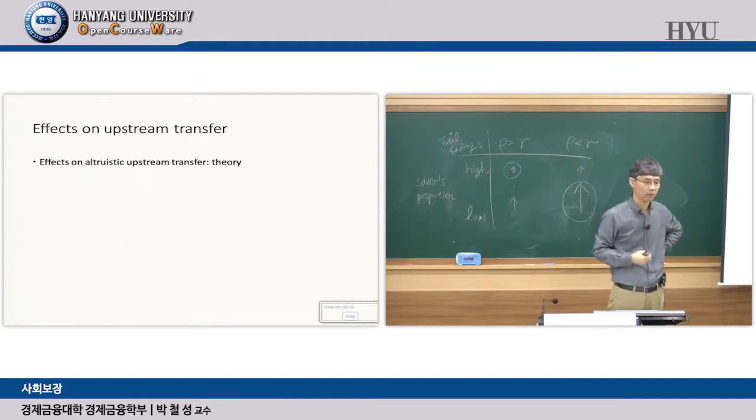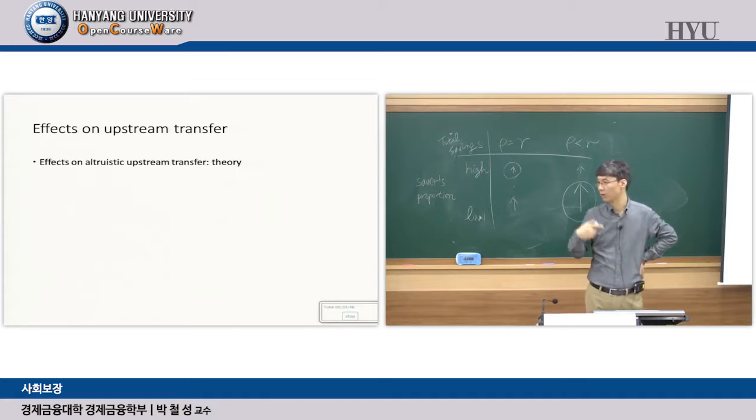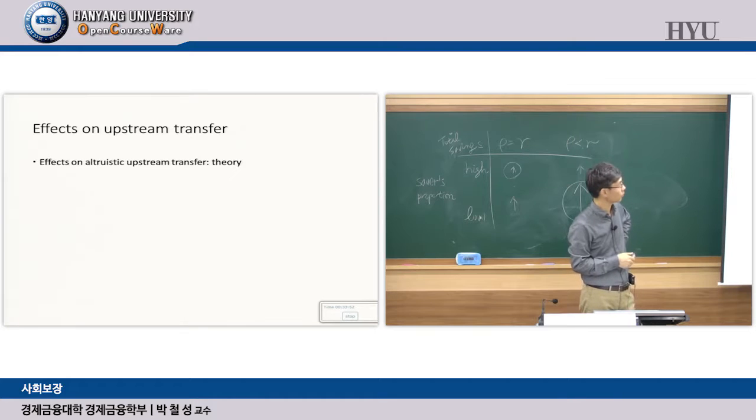Altruistic upstream transfer means that the child cares for their parents' welfare. So when the money goes to the parents, not in all cases, it's because the child cares about the parents' welfare.